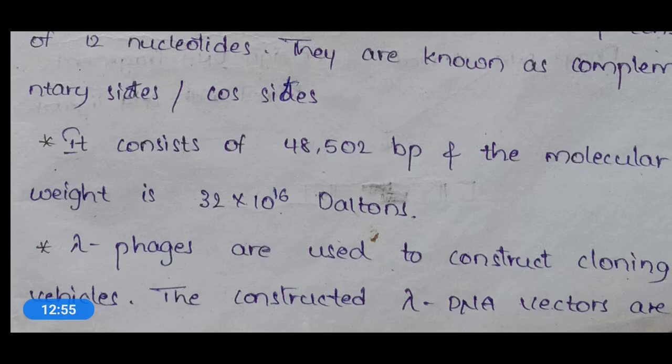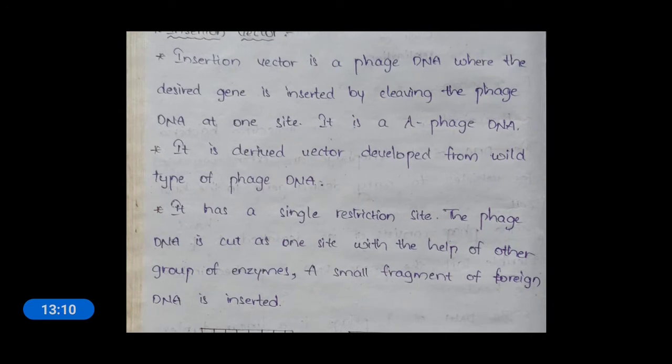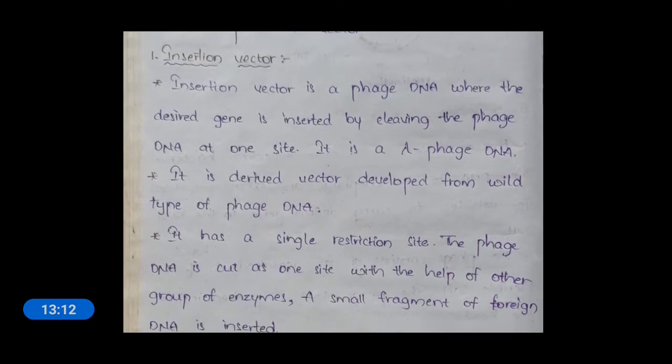These phage vectors can be used to construct cloning vehicles, and these lambda DNA vectors are again of two types, insertion vector and replacement vector.